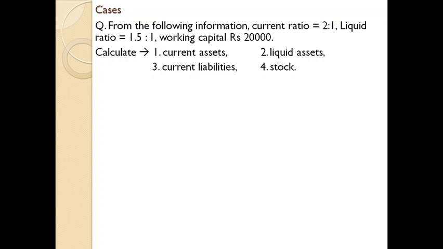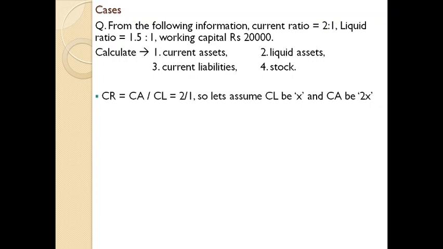Okay, finally, on the basis of data given, we can assume that here current ratio is 2:1. That is, if current liability is 1, current assets has to be 2. So let's assume current liability be x and current assets is 2x, because that was the ratio given in the case.